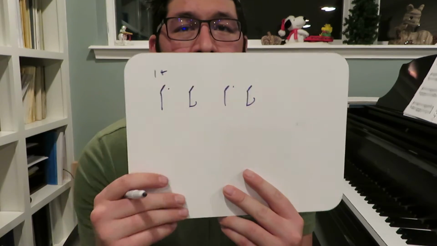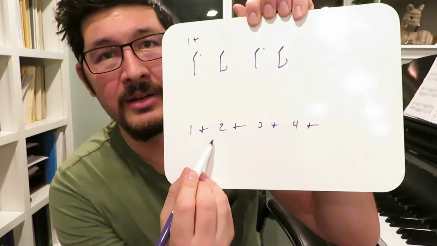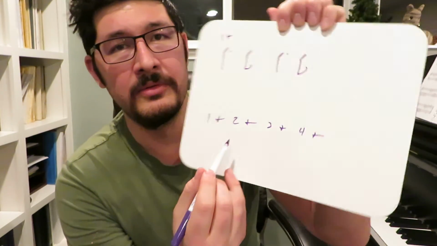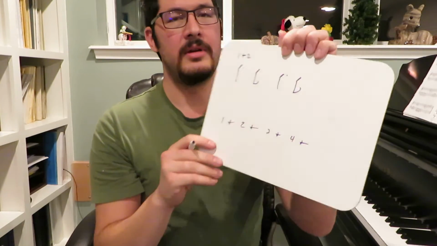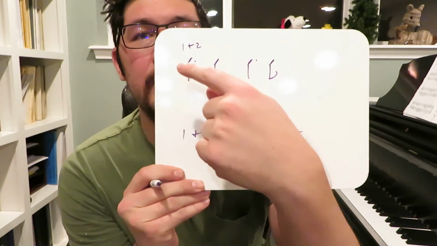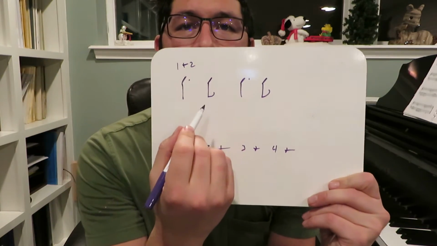Which means, if we go in the order of eighth notes, 1 and 2 and 3 and 4 and, if it gets 3 eighth notes, that means it gets 1 and, what's next in the order? 2. So this dotted quarter gets 1 and 2. Then this eighth note would get and.